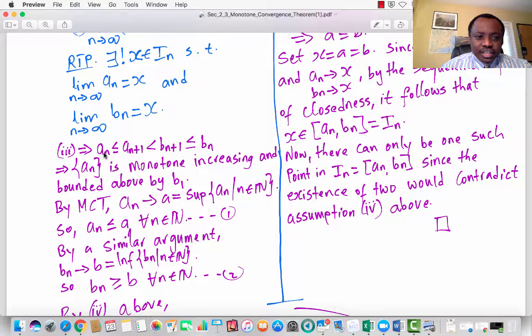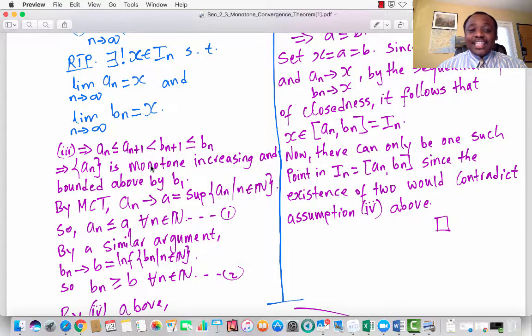In other words, an is less than or equal to an+1. What does this say about the sequence an? It is monotone increasing and it is bounded above by b1. Observe that none of the an's would be greater than any of the bn's. So in particular, all the an's are less than or equal to b1.